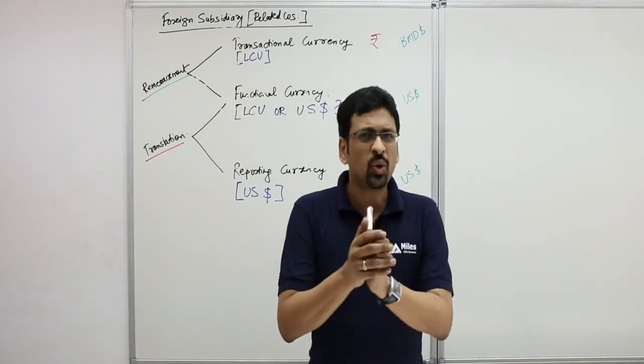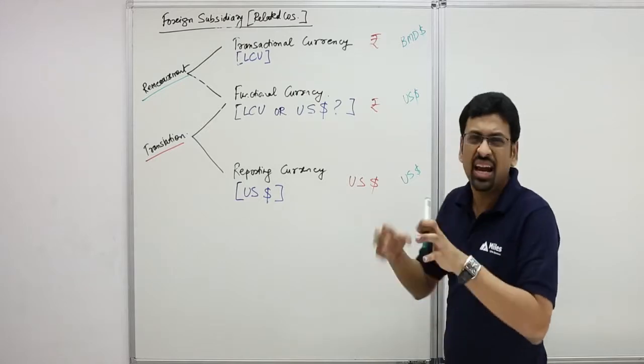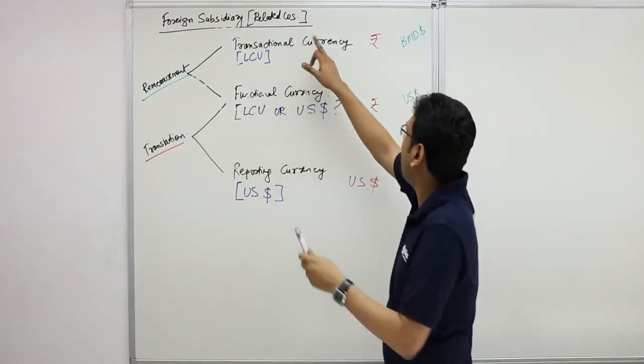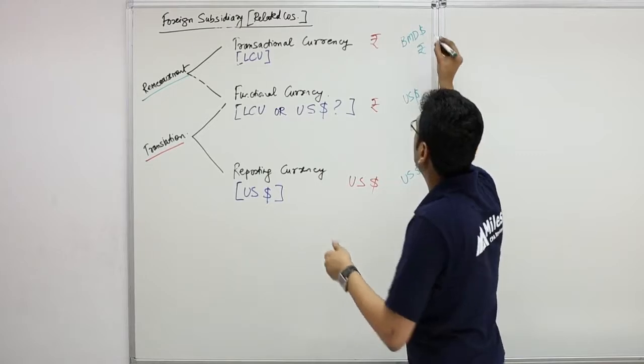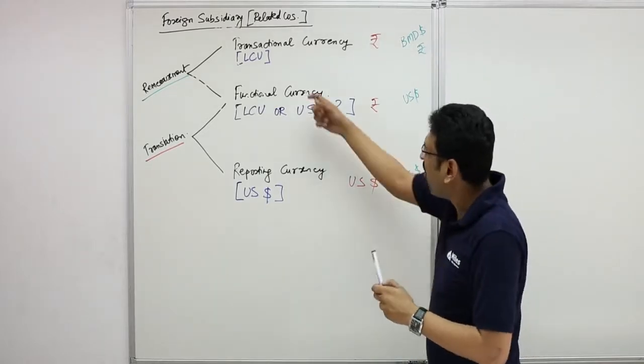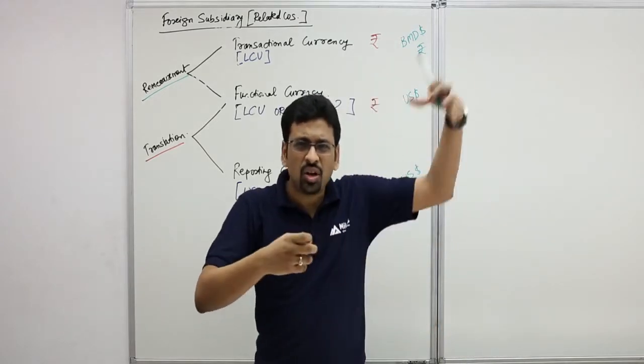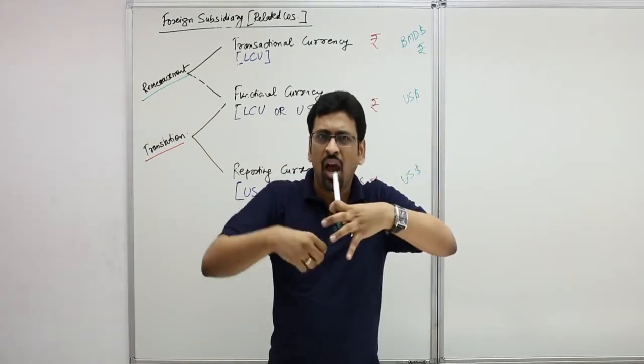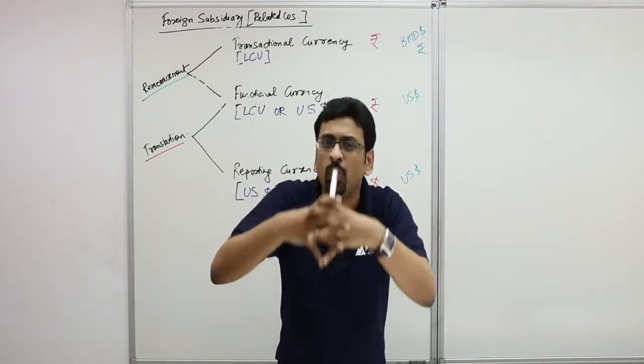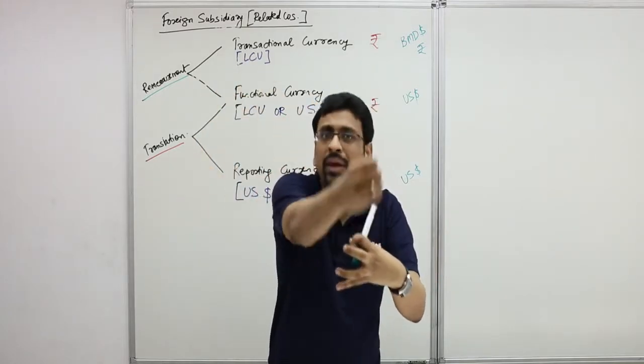So guys, in this case, we are looking at the Indian subsidiary, Indian sales office. Transactional currency, that's rupee. Functional currency, they're not doing anything in India. The goods are coming from the US. And even in India, they're selling at US prices, just that they're taking it in rupees.